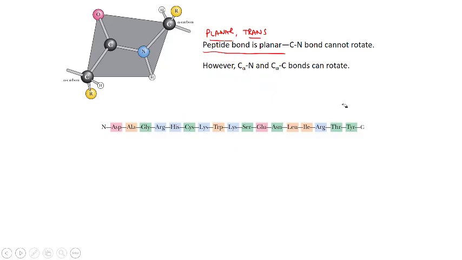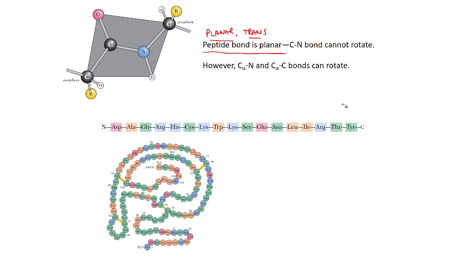So what that means is that if you have an extended polypeptide chain that looks something like this, it's not really going to look like this normally. What it's going to do is it's going to fold up into some sort of coiled conformation that looks more like what's down at the bottom. And what we've done in that picture is just color-coded every amino acid according to its properties.